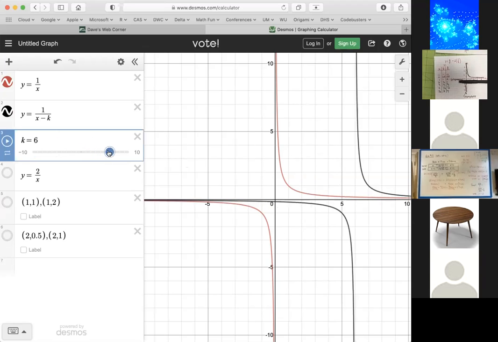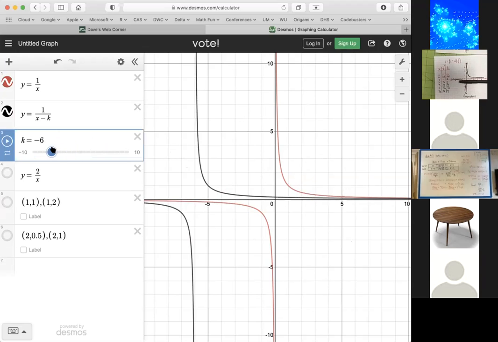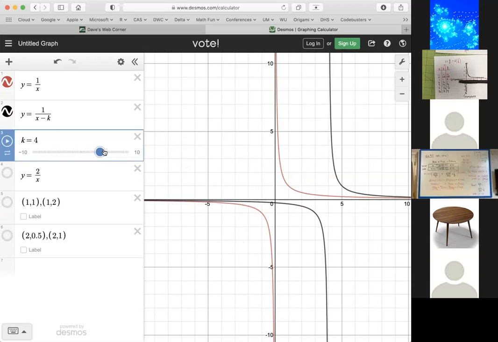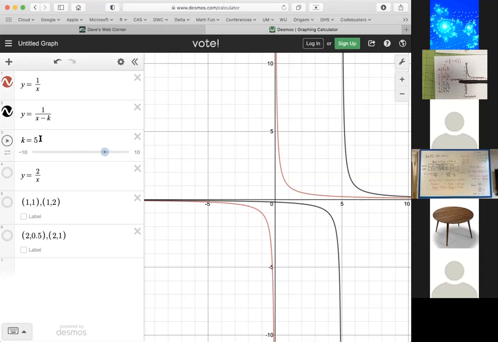I just move the graph left or right. See, if I say k is 5, then I have moved it 5 units to the right. Now be really careful about that. X minus 5 means the center is at 5. So I moved it 5 units to the right.